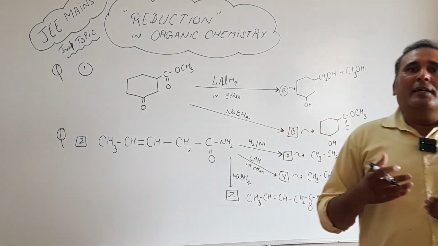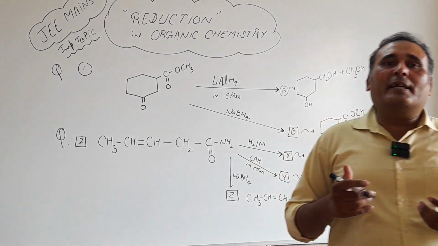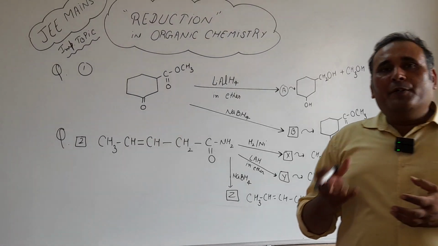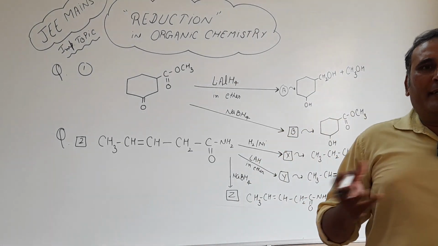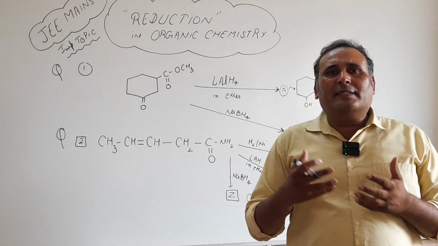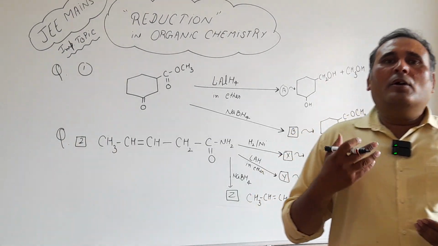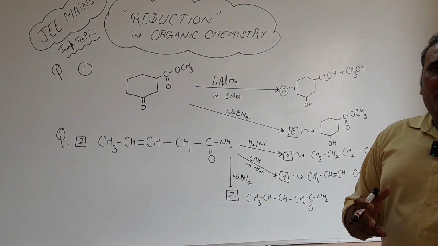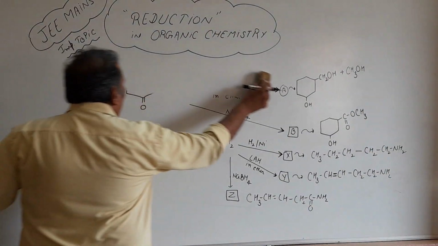So let's see which functional group is reduced by which reducing agent, or how many types of reducing agents are present in organic chemistry. Obviously, we can't cover all reducing agents. That's why we'll discuss some important reducing agents as well as how they reduce the functional groups. So let's see our topic.